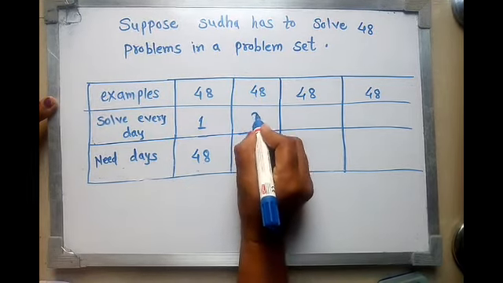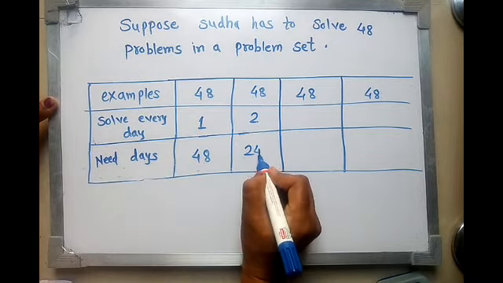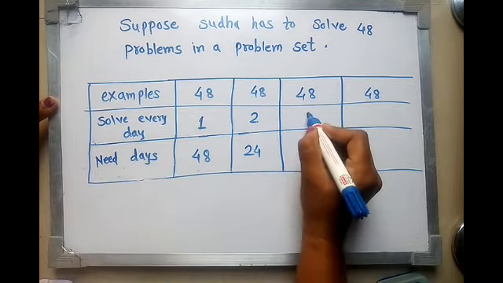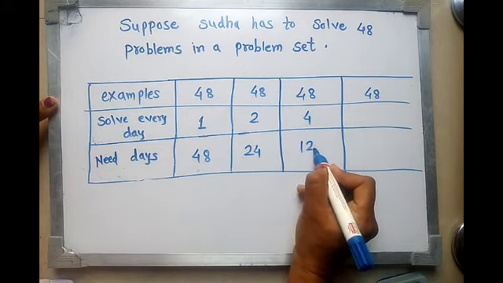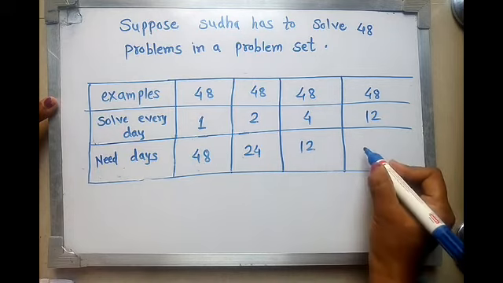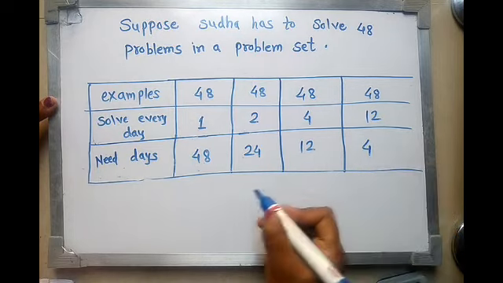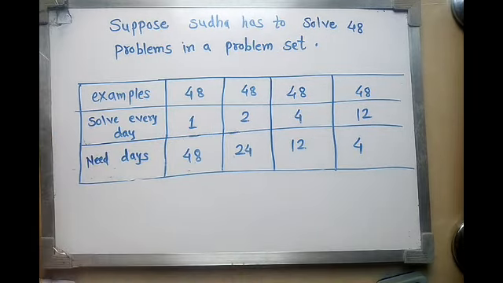When she solves 2 problems every day, she needs 24 days. When she solves 4 problems every day, she needs 12 days. She solves 12 problems every day, she needs 4 days. This example is inverse proportion.